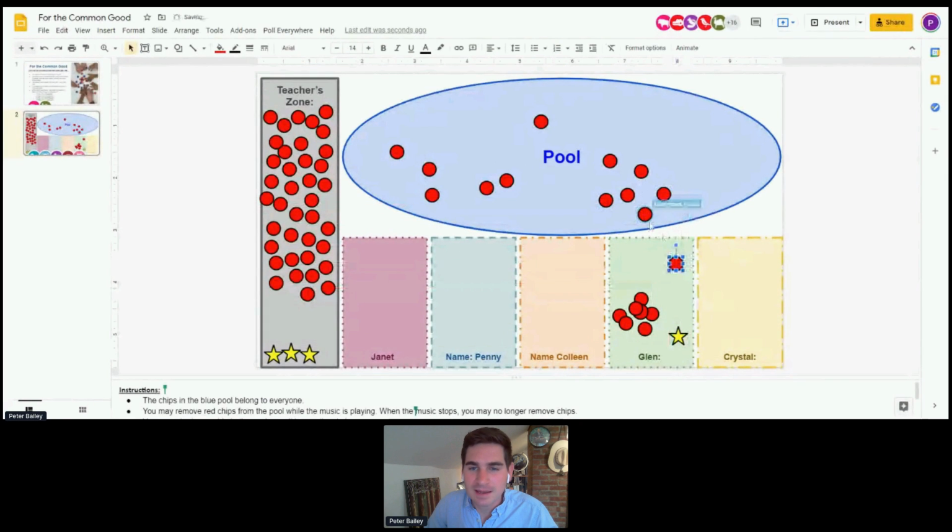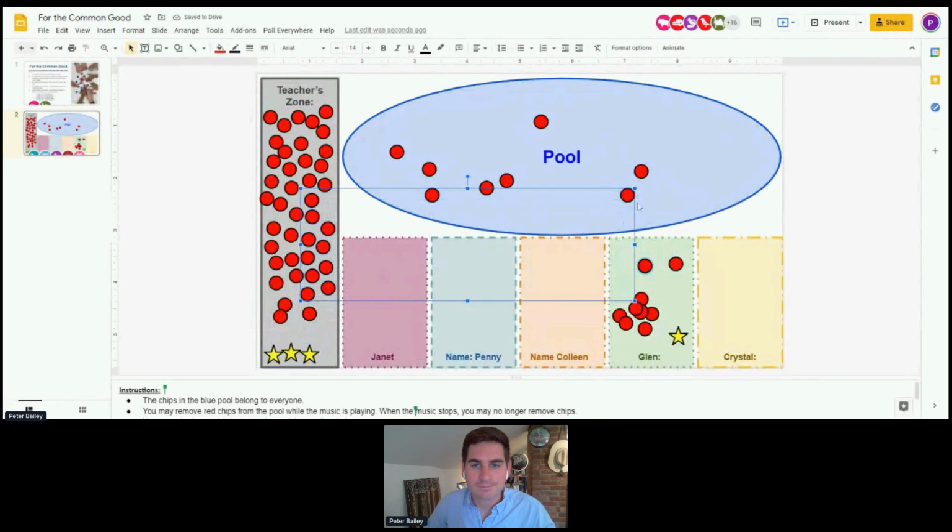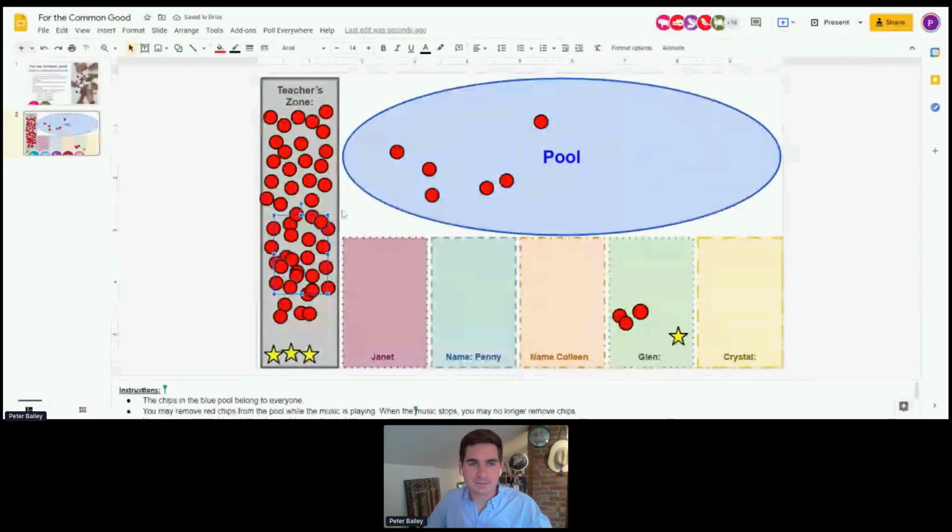Oh, shoot. I should actually be bringing them over here. And I think we're left with 3 or 4 still with Glenn. So I'll just leave those where they are because it's not quite enough for another star.